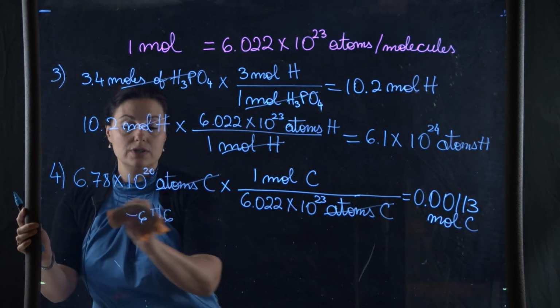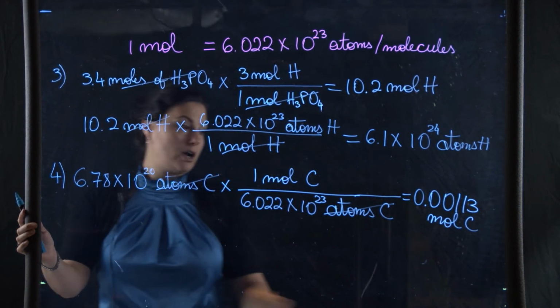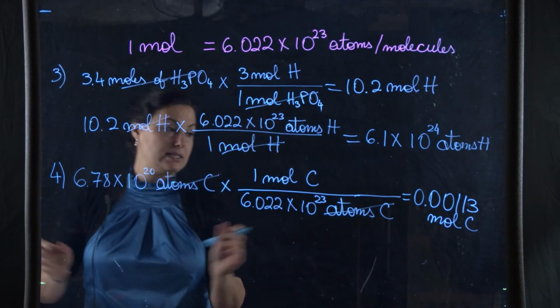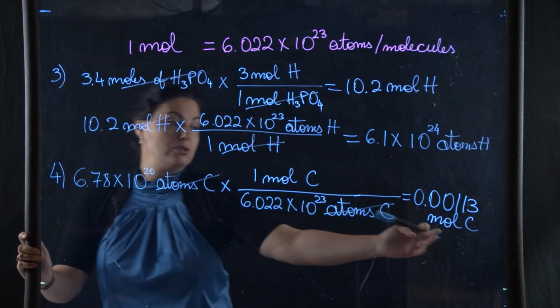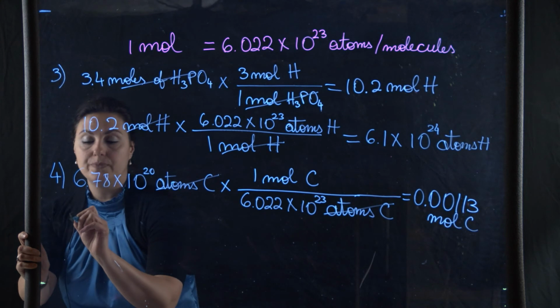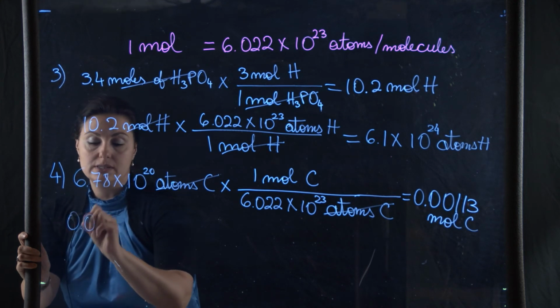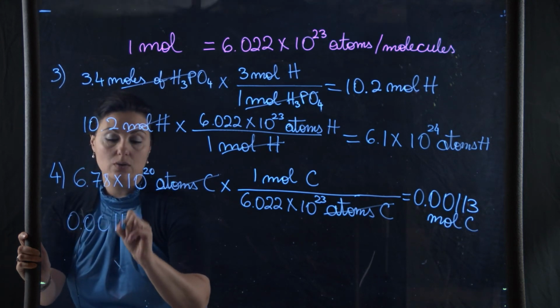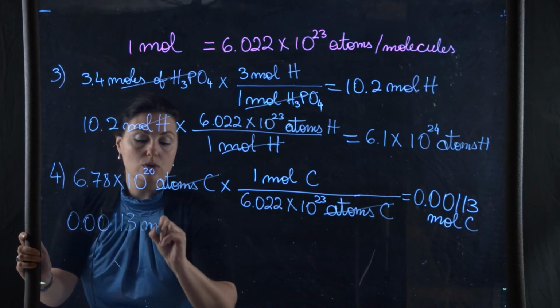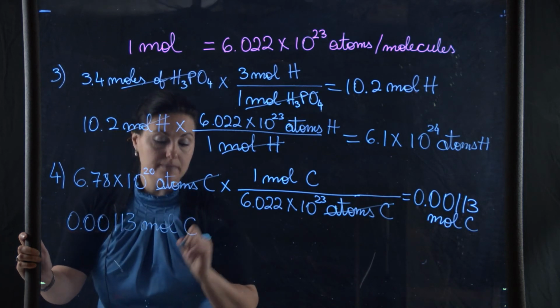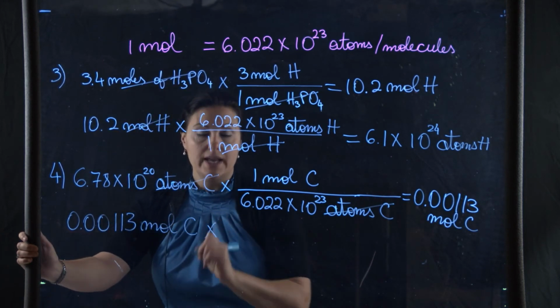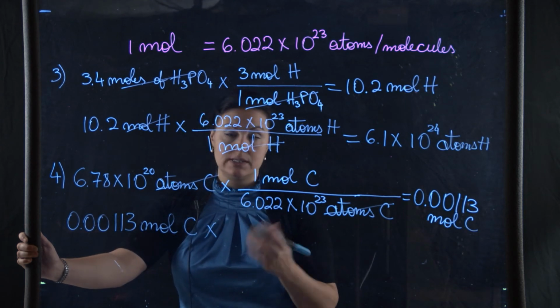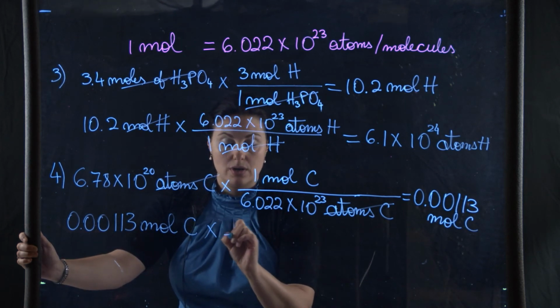Let's convert from moles of carbon to moles of benzene. Start with what you are given, 0.00113 moles of carbon. And now I use my 1 to 6 ratio.